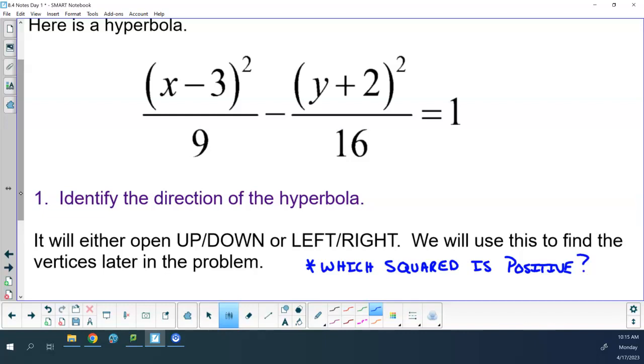Which squared term is positive? Y is the negative one. Why is the y negative? Because it's after the subtraction sign. So it's going to be the negative one. So x squared is actually positive. So this hyperbola is going to open left and right.